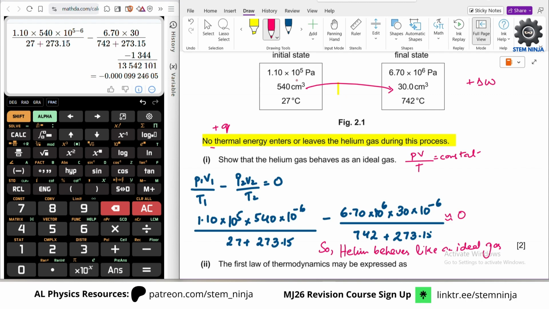So work is done on the system, and that means the internal energy delta U rises. Now, for the ideal gas, the internal energy is directly proportional to the average kinetic energy of particles, which is proportional to the absolute temperature of the gas. So if the internal energy is increasing, average kinetic energy is increasing, and therefore the temperature of the gas will also increase.